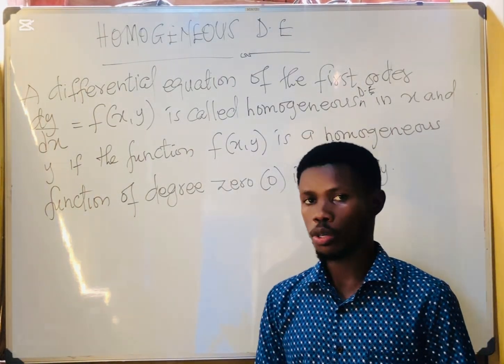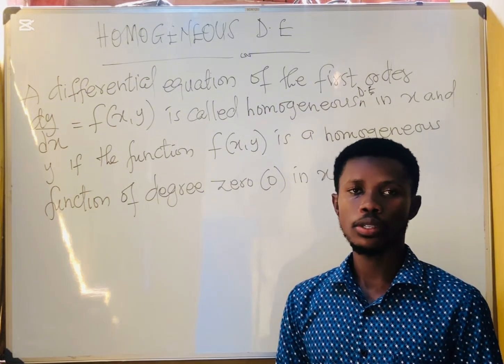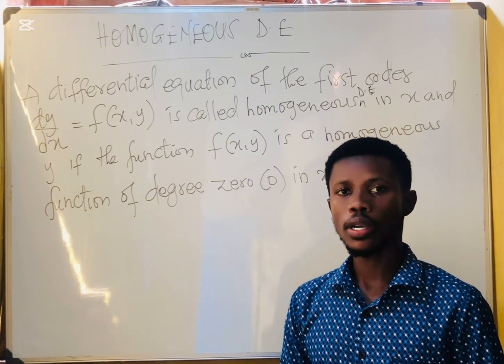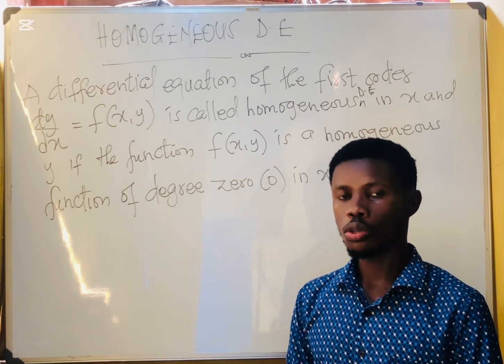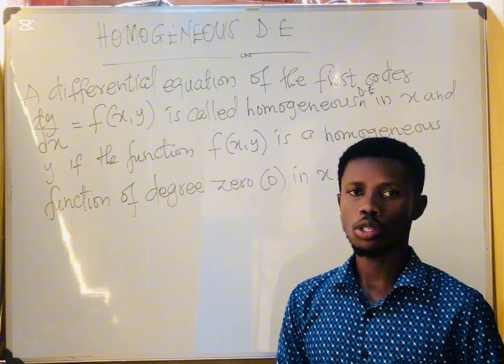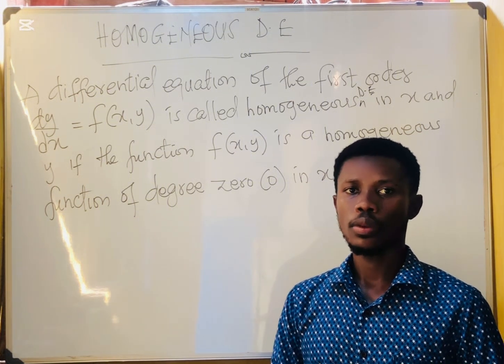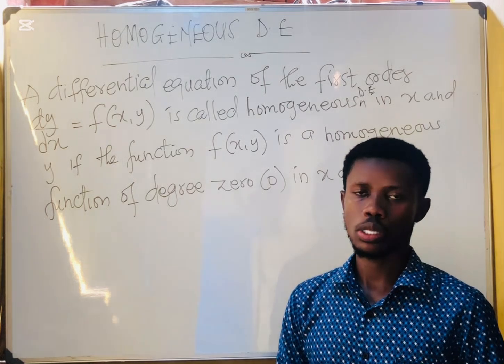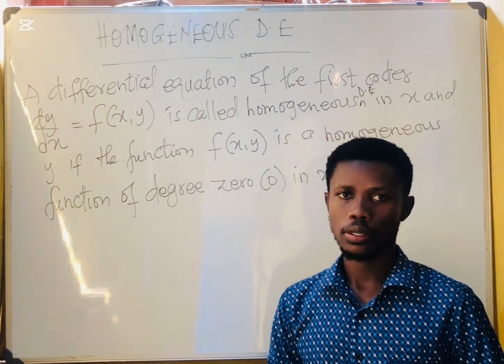So all the homogeneous functions that we solved, we were having those with degree 1, degree 2, degree 0, degree 3, okay? And before you can say that something is a homogeneous differential equation, that homogeneous function must have degree 0, okay? So now let's look at some examples that fall under this.